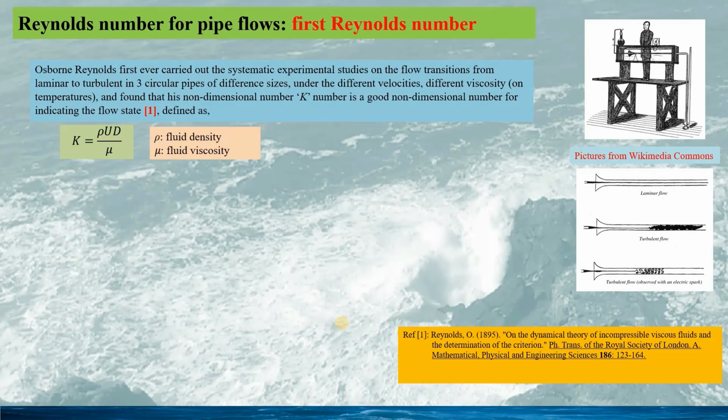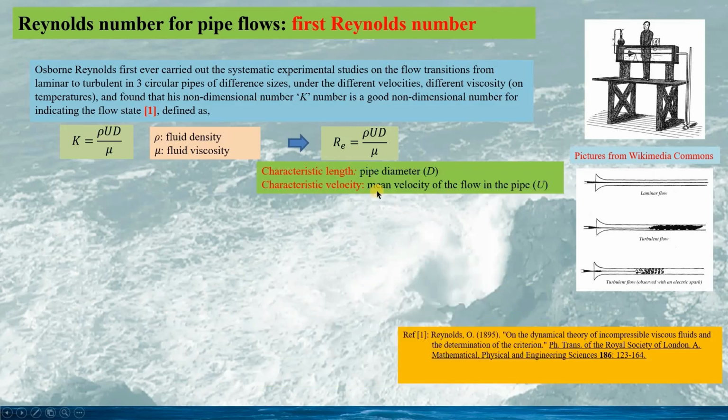And he found that his non-dimensional number is a good indicator for the fluid state, given as this. And now this number is named the Reynolds number. In this example, the characteristic length is the pipe diameter d, and the characteristic velocity is the mean velocity of the flow in the pipe u.